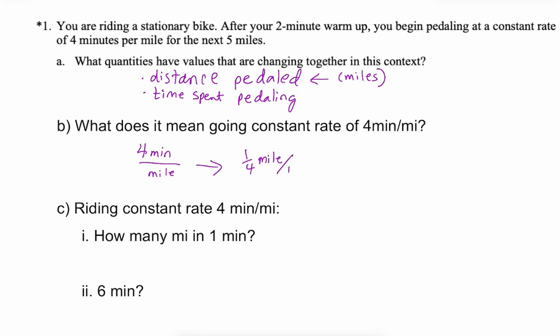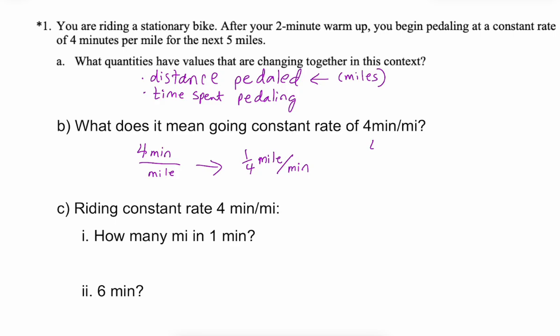every minute. So we can also think of the fact that 4 minutes per mile, if we take the reciprocal and then think of a rate as a distance per unit of time like we're used to, that would take the 4 and make it 1/4. That would put the miles at the top and the minutes at the bottom. So it takes us 1 minute to go a quarter of a mile, or 4 minutes to go a total of 1 mile.